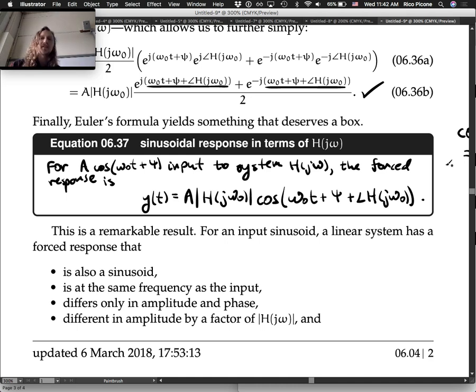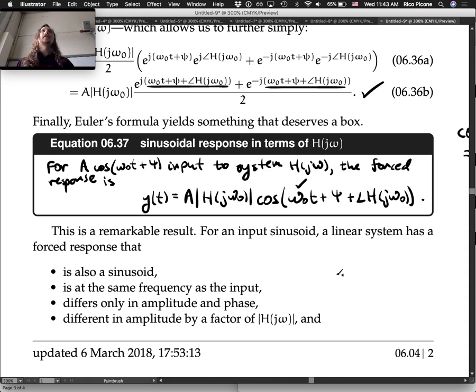For an input sinusoid, a linear system has a forced response that is also a sinusoid. We weren't guaranteed that before we got into this. It's at the same frequency as the input. Notice the frequency of the output is omega naught, and the frequency of the input was omega naught. It differs only in amplitude and phase.